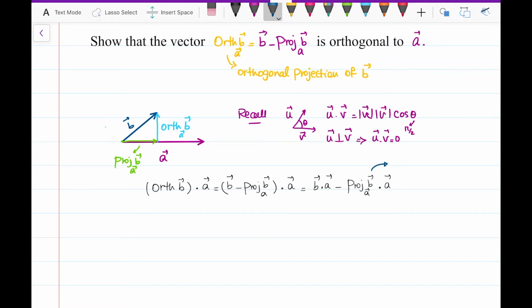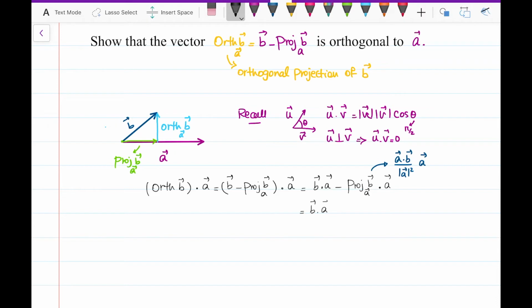If you remember the formula, projection of B over A is a scalar times A. What is the scalar? Scalar is A dot B over length of A squared, times vector A. So this is a number because dot product is a number, length is a number, so I have a number times A. That's the projection.